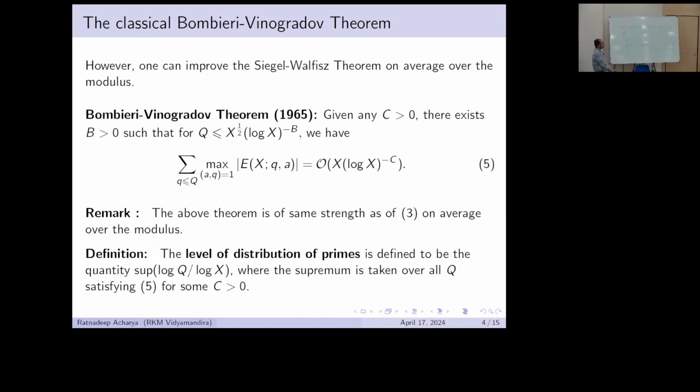So the level of distribution of primes is defined to be the supremum of log q over log x, where the supremum is taken over all q satisfying this equation 5. You can see that q can go up to square root of x times log x to the power minus B. So log q over log x is at least, from the Bombieri-Vinogradov theorem, we can say that the level of distribution of primes is at least half.